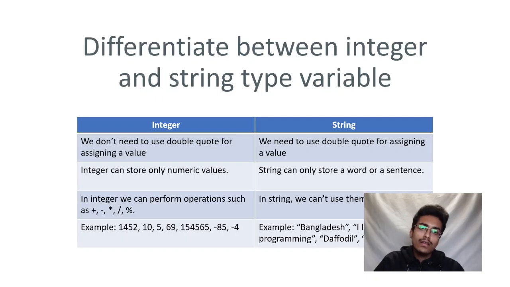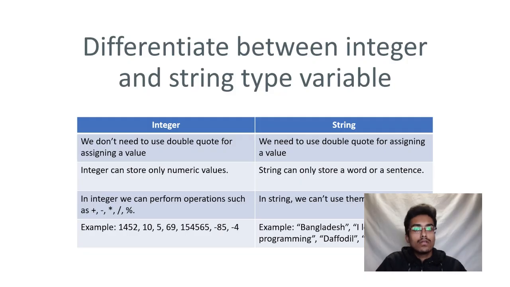A string can be assigned a sentence or some words, but an integer can be assigned only a numeric number, which can be negative, positive or zero. In integer we can perform operators like plus, minus, multiply, divide, modulus, but in string we can't use them simply.